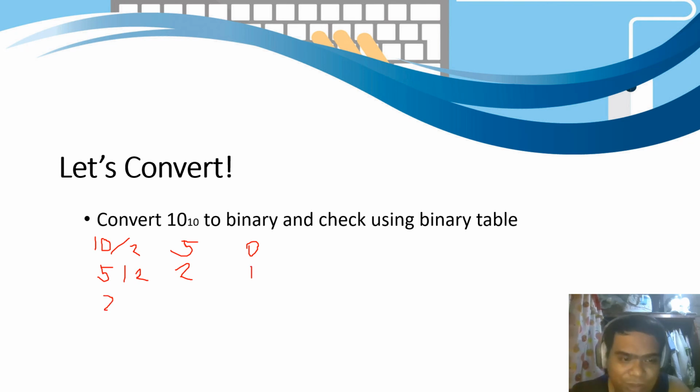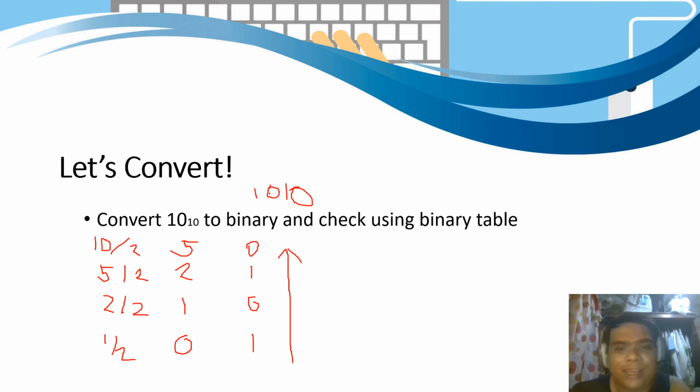Okay. 2 divided by 2, that will give you 1. May remainder? Wala. Now, si 1 divided by 2, that will give you 0.5. So, 0 dito, 1 dito. You read from bottom to top. So, that will give you 1, 0, 1, 0.